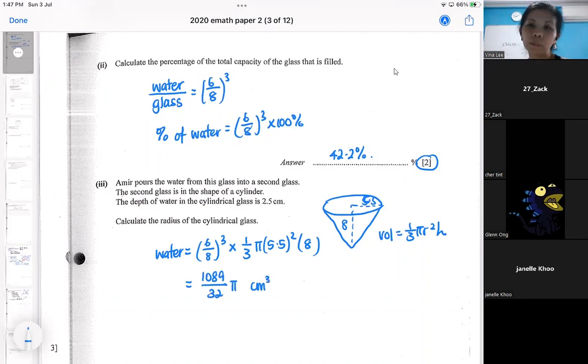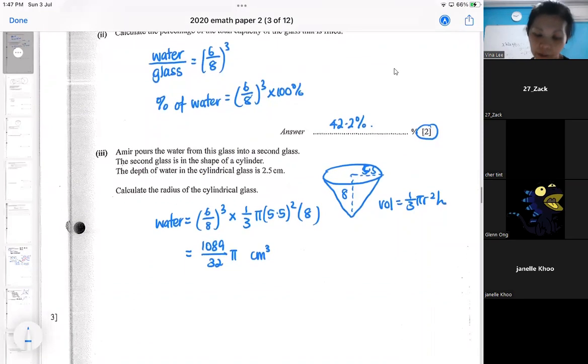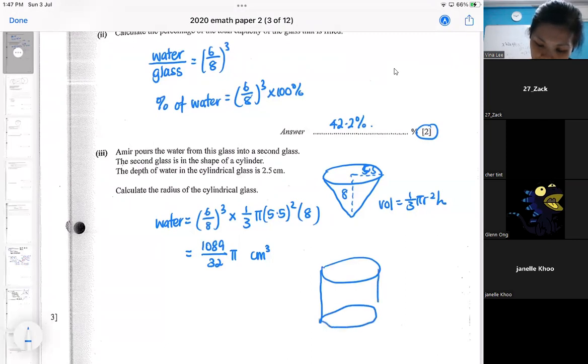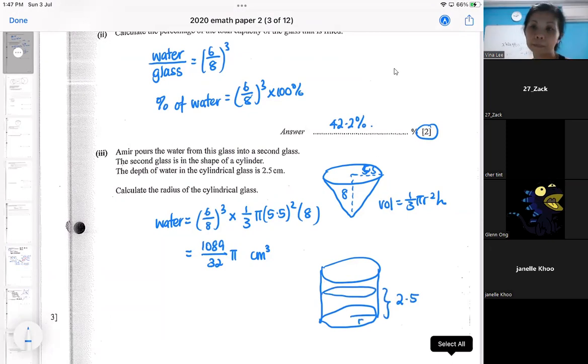Okay, don't press out the pi. That's not the final answer. Try to preserve it. And then you're going to pour it into a cylinder. When they pour it into the cylinder, the depth is 2.5. We are interested to find the radius.